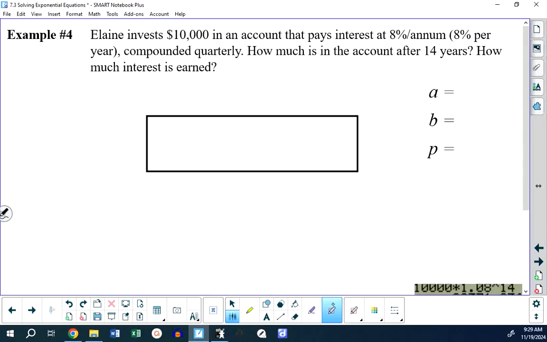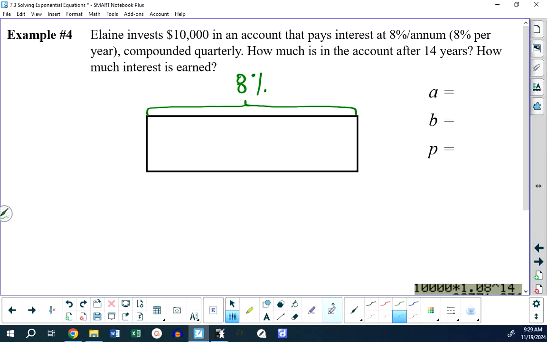This is a year. And this 8% per year means that this whole year is representative of 8%. But it's compounded quarterly, and what quarterly means is she's going to get interest 4 times a year.